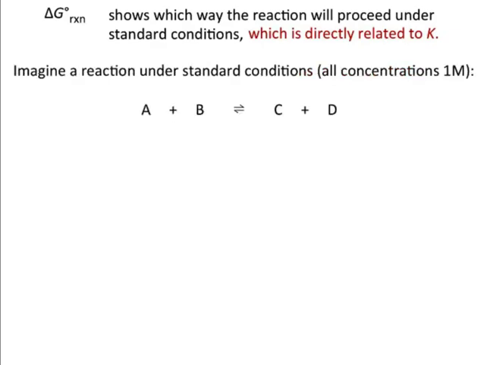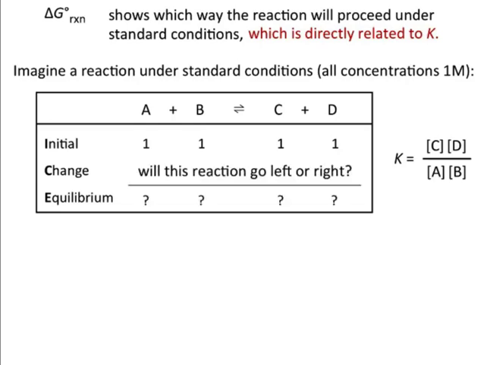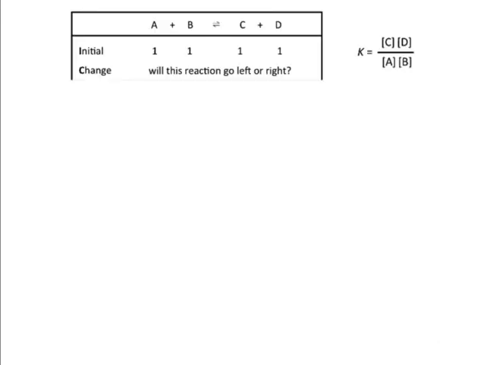And so let's throw some numbers on this to help illustrate this difference. All right, so imagine you have some reaction that's happening under standard conditions. So if you put this equilibrium into an ICE box, all the initial concentrations are 1 molar. We want to know whether this reaction is going to go right or left. We can get to this by looking at the form of the equilibrium constant, right?